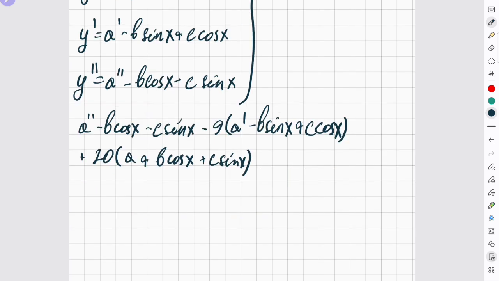Okay, now let's open these brackets, so we will get a double prime minus 9a prime plus 20a.